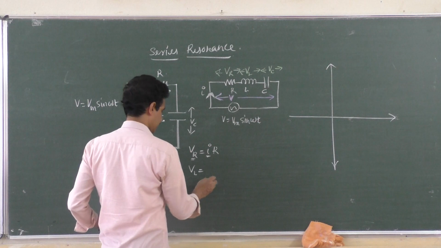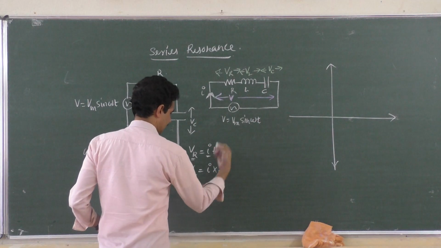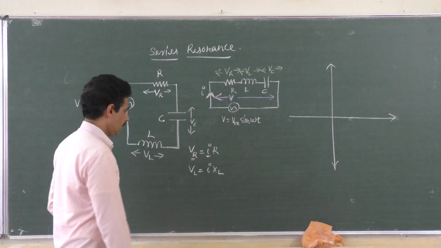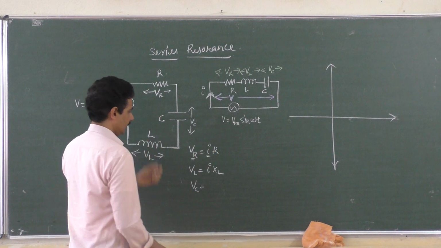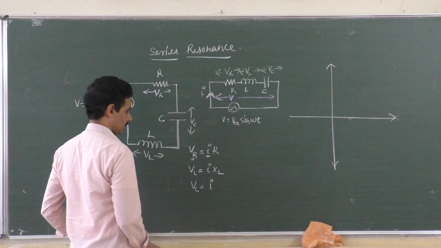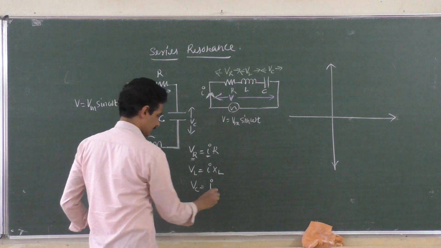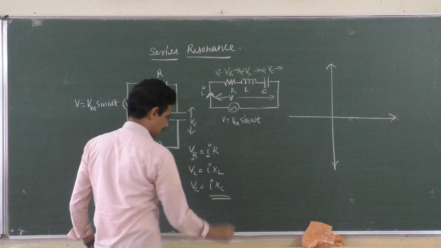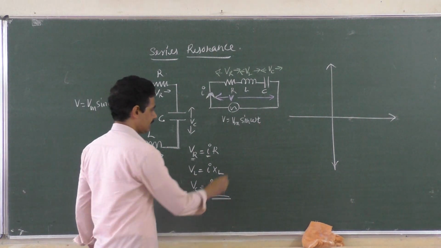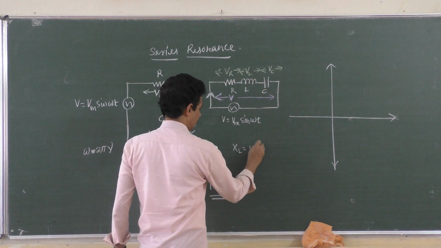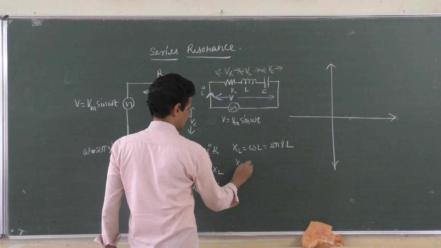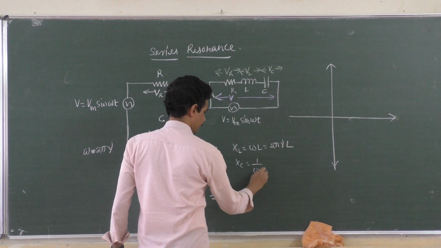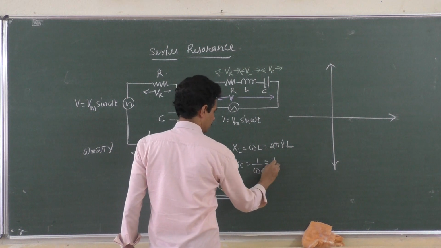So VL is I into XL. What is the reactance offered by the capacitor? The voltage across the capacitor, with the same current through it because all are in series, is I into XC, correct? Where XL is equal to omega L, that is 2 pi nu L, and XC is equal to 1 by omega C, that is 1 by 2 pi nu C.